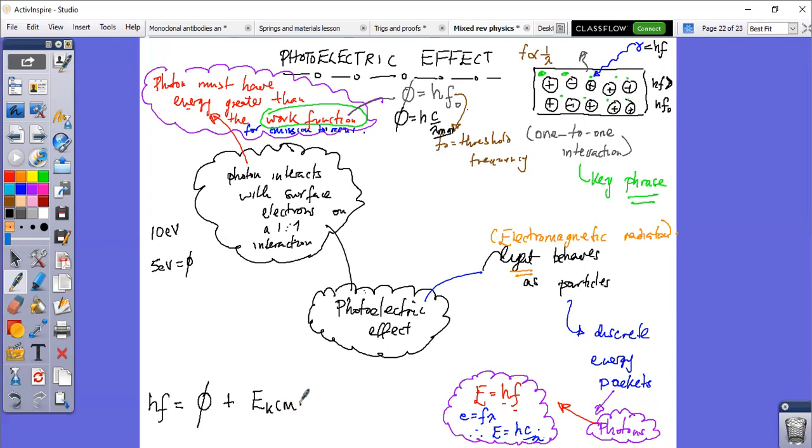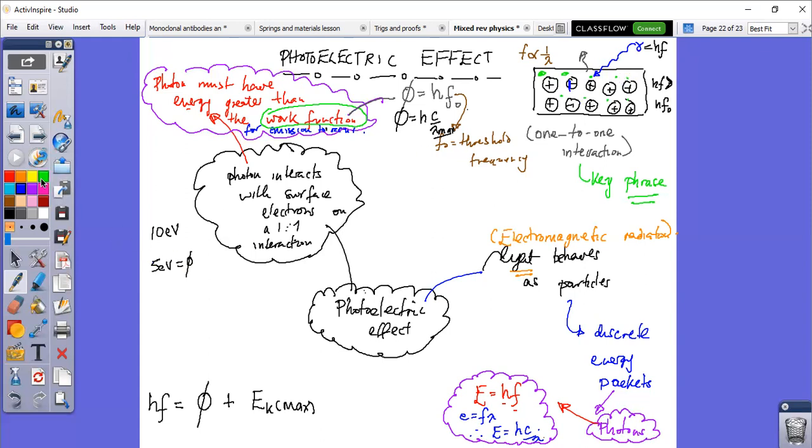We say that this is EK max, because the surface electrons will have maximum kinetic energy. It's much harder for the ones inside the bulk of the metal because they are attracted by more forces, so they won't escape with maximum kinetic energy. The fastest moving electrons will be from the surface. They are the least bound, so to speak.